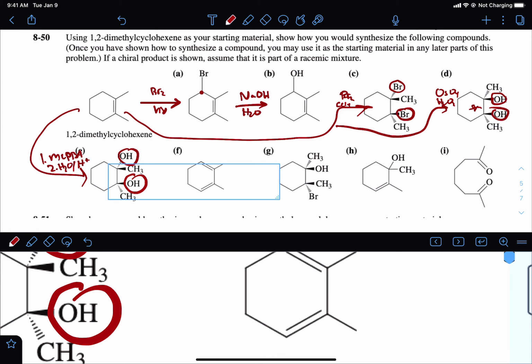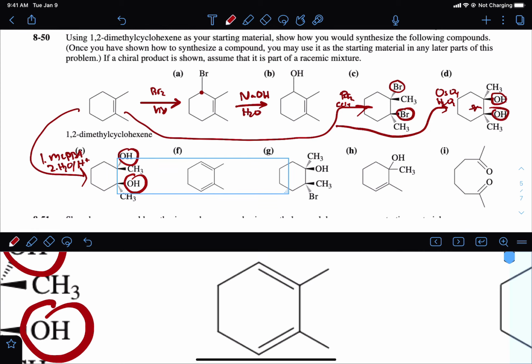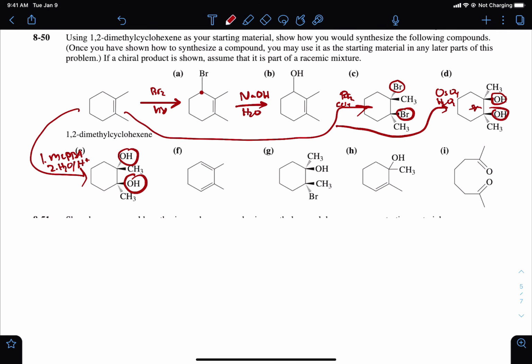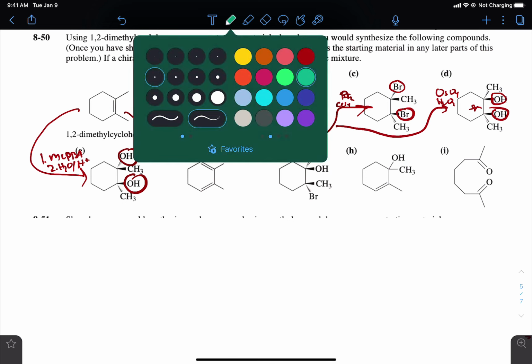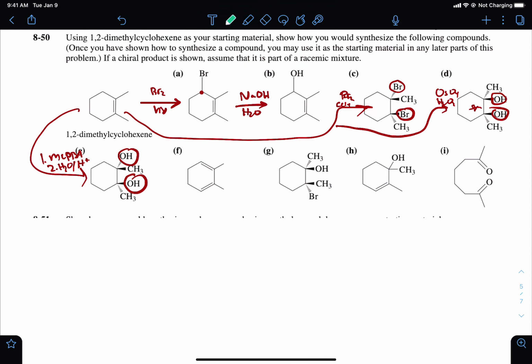Oh, okay. So what they want to do here is start from the two halogens, start from the two bromines. So start from this guy right here. And then do a double elimination.